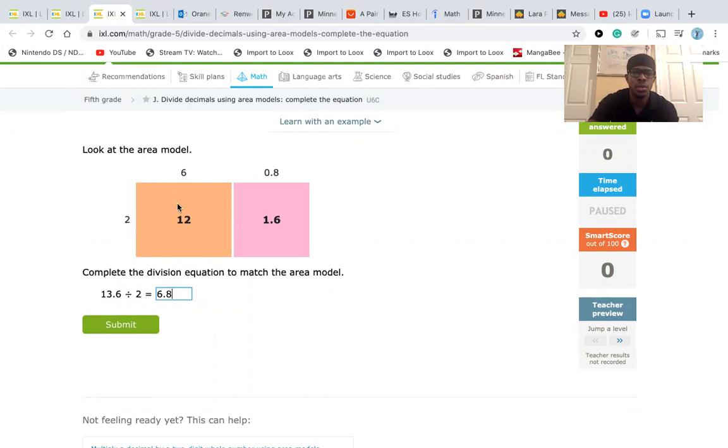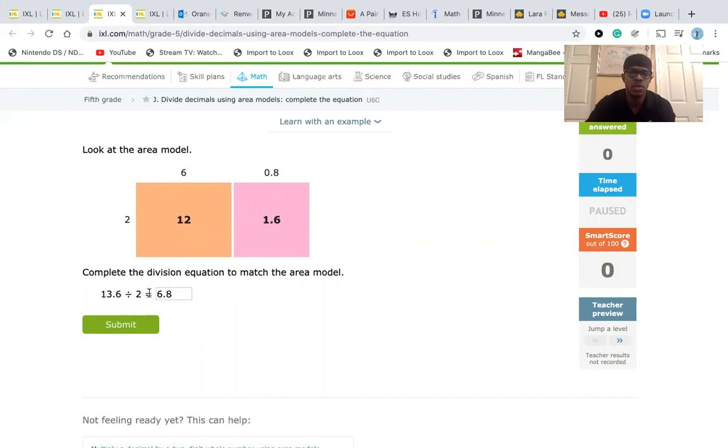Now, if we notice here, with the area model, we have 2, we have 12, we have 1.6, and then we have 6, and then 0.8, or 6.8. So with the area model, what it's showing is that if we have 2 factors, when we multiply them, 2 times 6.8, we're going to get the product, but we're breaking it down by place value.